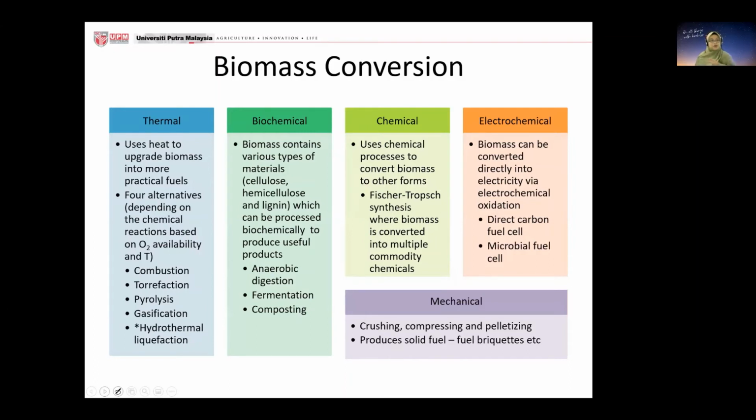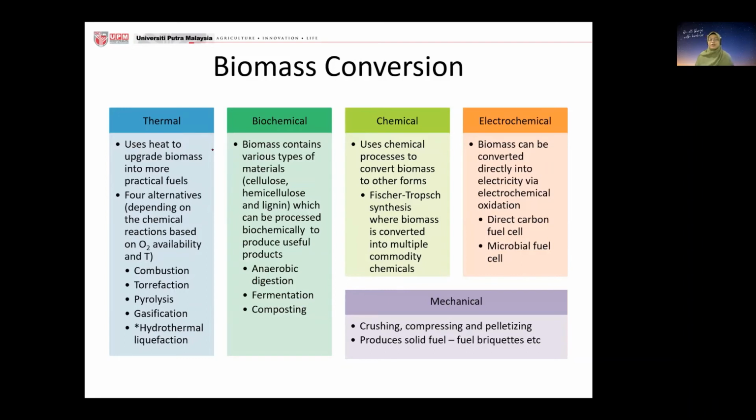So basically, in general, it can be categorized into 5 types of conversion. Can be thermal, biochemical, chemical, electrochemical, or mechanical. So please bear with me. We will go briefly on each of these.